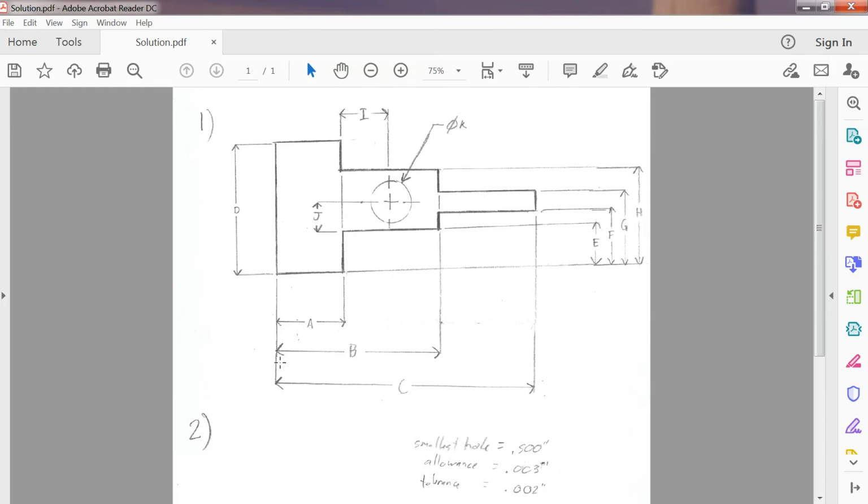Now, for the location of the circular hole, we need the diameter of the circular hole, which is given by phi, as well as the location of its center, which is defined from this horizontal edge and this vertical edge, so I and J. And that's the solution for problem 1.